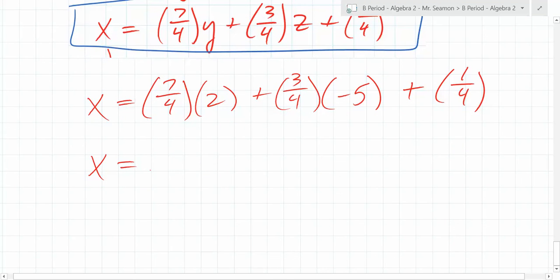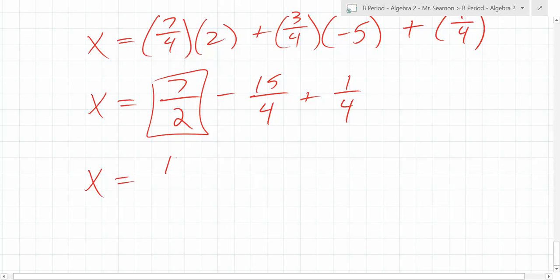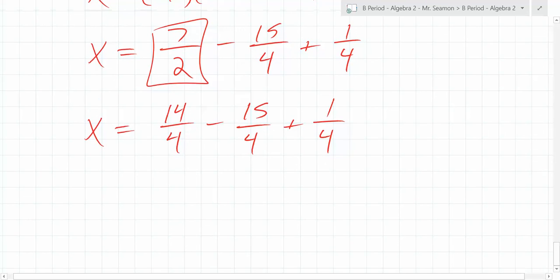So x is equal to 7 over 2 minus 15 over 4 plus a quarter. To add fractions, what do we need? So we need to turn this into fourths, so it's x equals 14 over 4 minus 15 over 4 plus 1 over 4. What does that turn out to be?